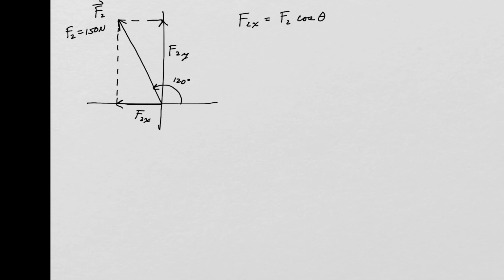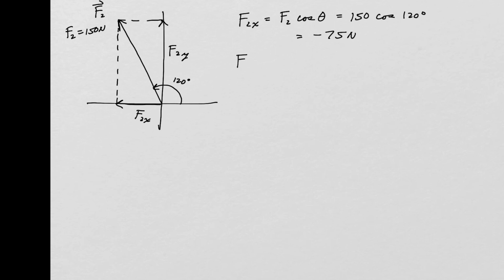So in this case, this would be 150 times cosine of 120 degrees. So if I plug this into my calculator, I'm going to get negative 75 newtons. Right? And it makes sense because it's going to the left, so it should be negative.